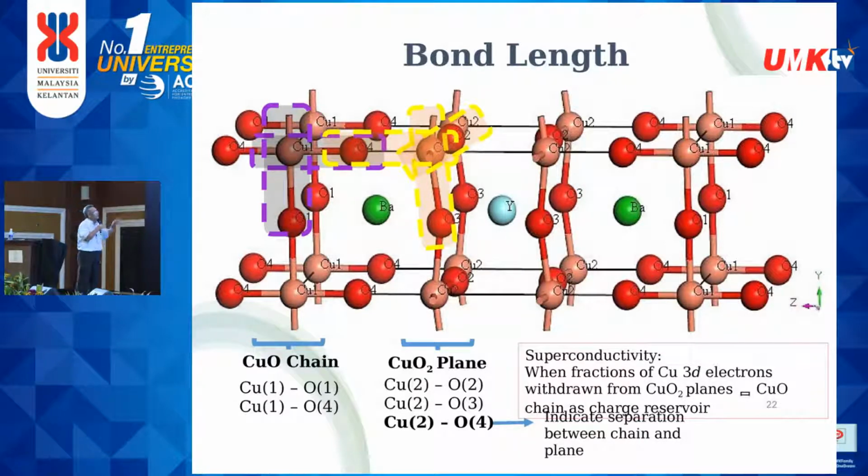You can refer to this diagram with the purple and also the yellow marker there. So when a fraction of copper 3d electrons are withdrawn from the copper oxide plane, the copper oxide chain acts as a charge reservoir in the YBCO superconductor. So Cu2O4 indicates the separation between chain and plane, right?